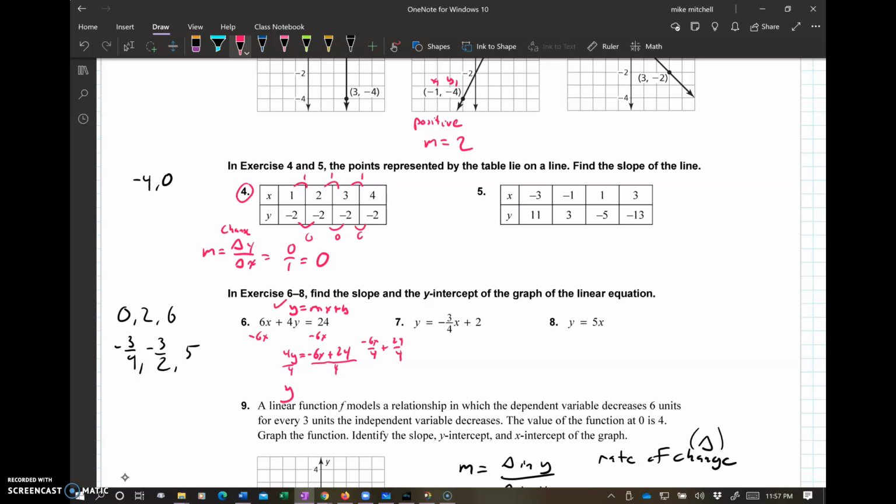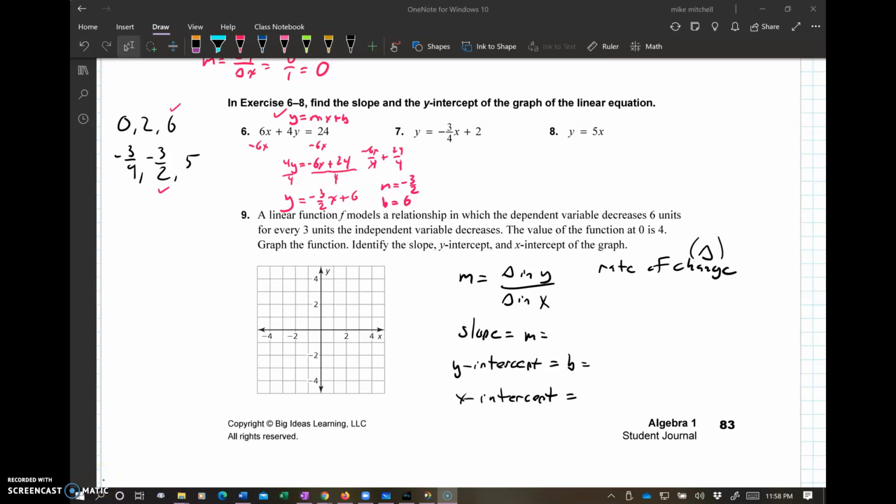I got to divide both parts. This can reduce. Negative 3/2 x. 24 over 4, that's 6. So I got a slope of negative 3 over 2. And I have a y-intercept of 6. Again, if you need some extra space on these, use extra space. And then you can check that over here. There's my slope. There's my y-intercept.